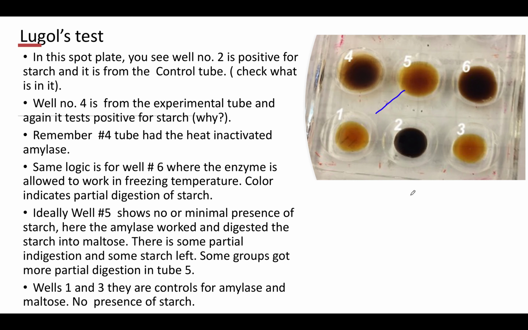Okay, so now we know these are the tubes, and where the starch was digested and where it was not digested. These are our controls, and here are our test tubes. Here the starch has not been digested or maybe partially digested. Here it's completely digested, and here again it's partially digested.